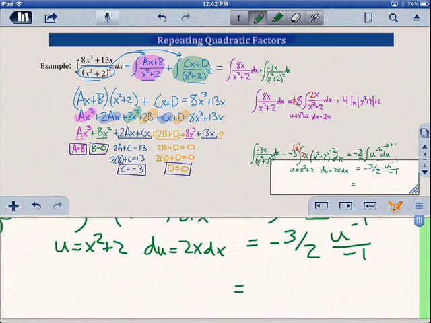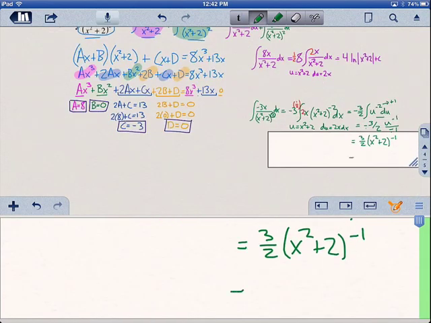And we'll just substitute back in for u. So the negatives are going to cancel. So we have 3/2, and then u to the -1 is going to be x squared plus 2 to the -1, which I'd probably rewrite as 3 over 2 times x squared plus 2.